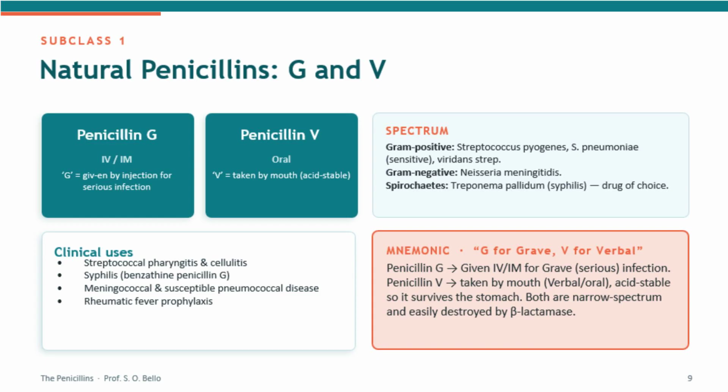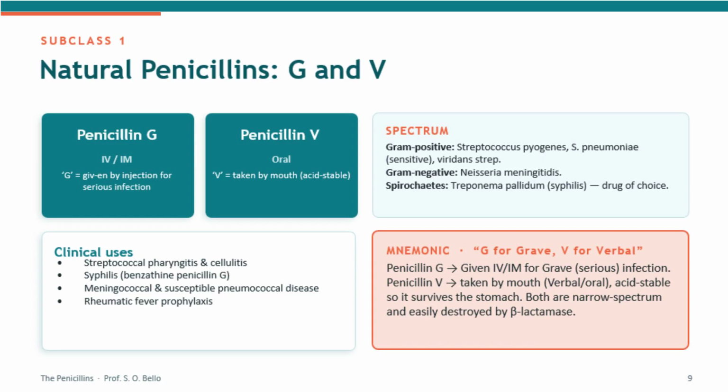Penicillin V is acid stable, survives the stomach, and is taken by mouth for milder outpatient infections. Their spectrum is narrow but important: streptococci, including Strep pyogenes and sensitive pneumococci, Neisseria meningitidis among the gram-negatives, and classically they remain the drug of choice for syphilis caused by Treponema pallidum.